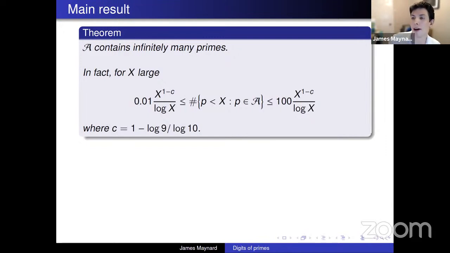So in particular, it shows that A contains infinitely many primes. And if you want to count the number of primes of size x which have no sevens in their decimal expansion, you get upper bounds and lower bounds of the correct order of magnitude. But I can't get a precise asymptotic formula, so I'm off by maybe a factor of 100 or something compared to what you might expect.